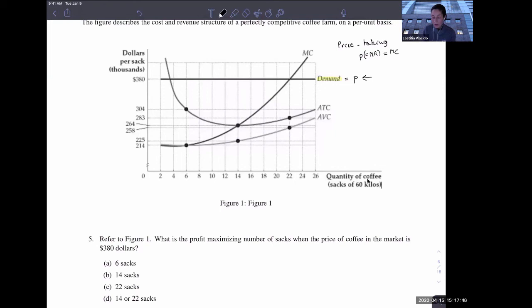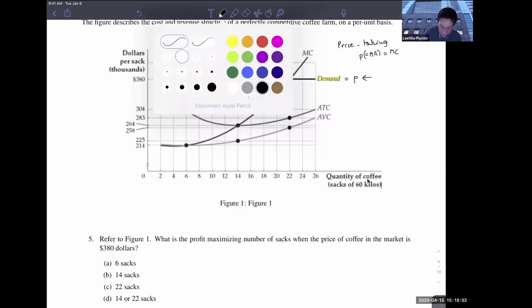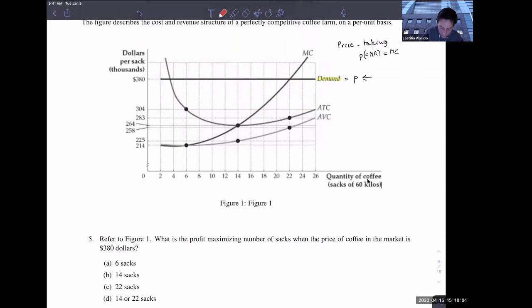You're going to look at the quantity where the price curve, the demand curve, intersects the marginal cost curve. Here price equals marginal cost, and you can read the corresponding quantity on the horizontal axis, and that's 22.